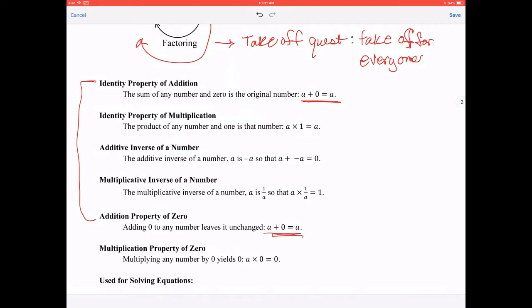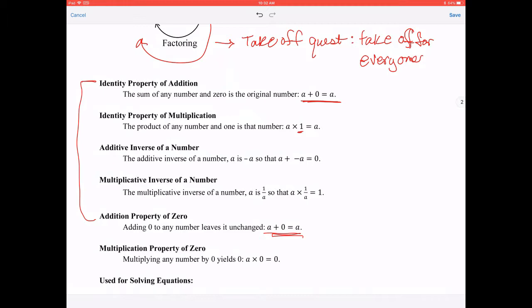And so that means that we have a 0 for addition, and that identity property for addition is 0. So the 0 property and identity are the same thing. The identity property for multiplication is 1. So the identity for multiplication is 1.